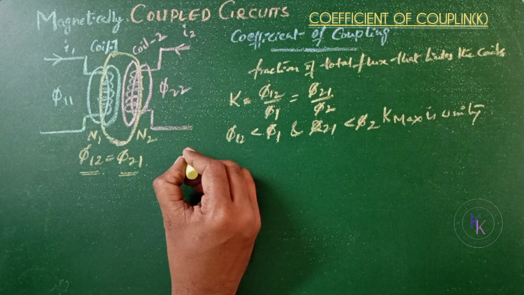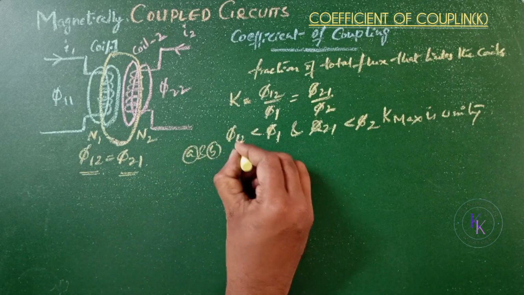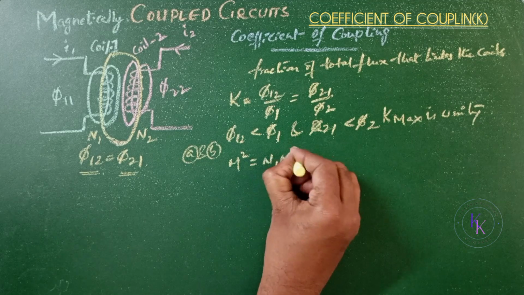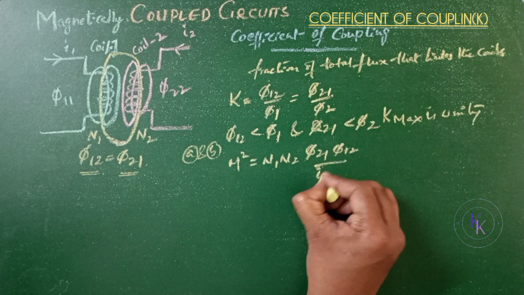Now multiplying equations A and B, we get M squared equals N1 N2 phi 21 phi 12 divided by I1 I2.